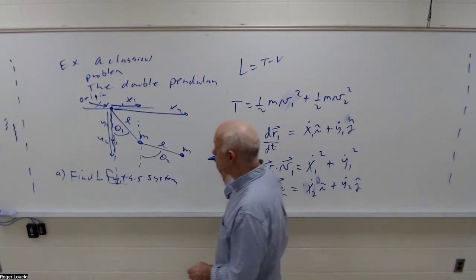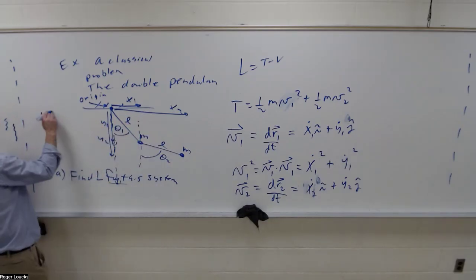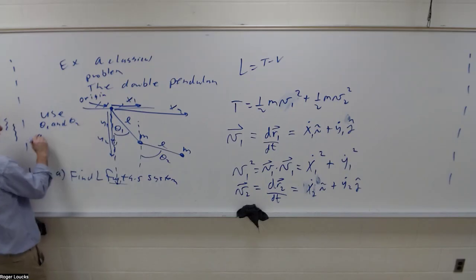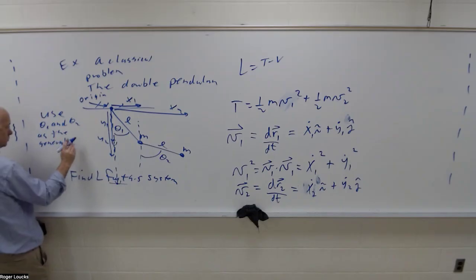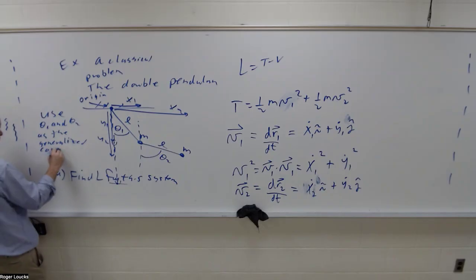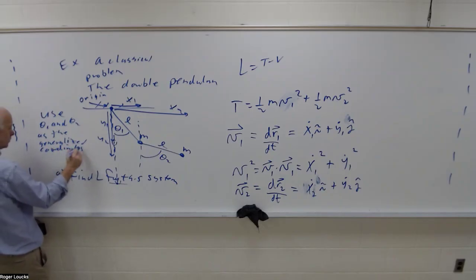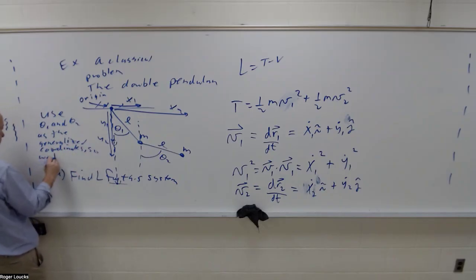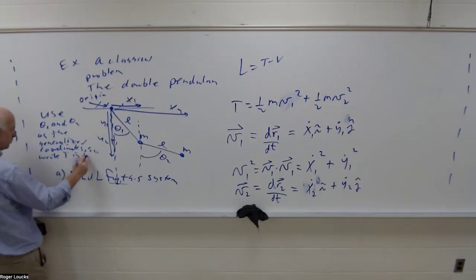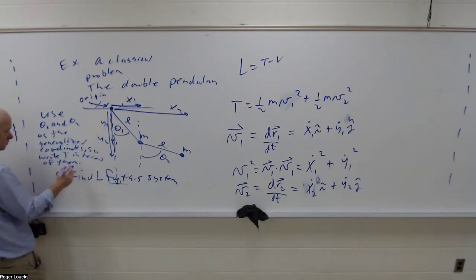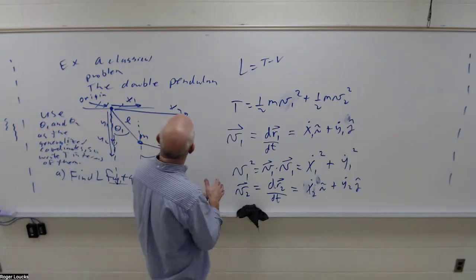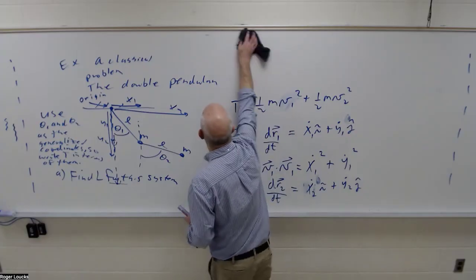So we write T in terms of them. If we do this, what do we have?